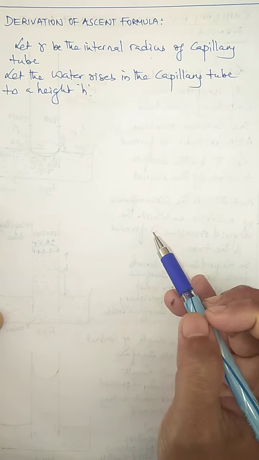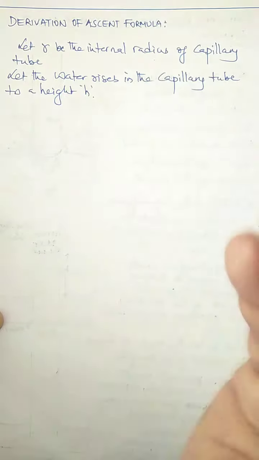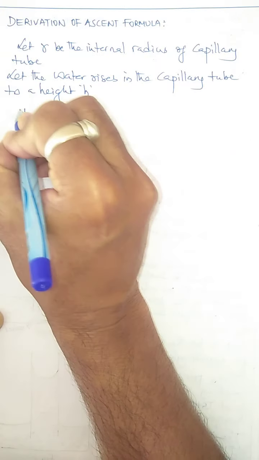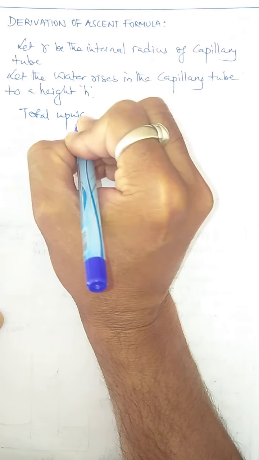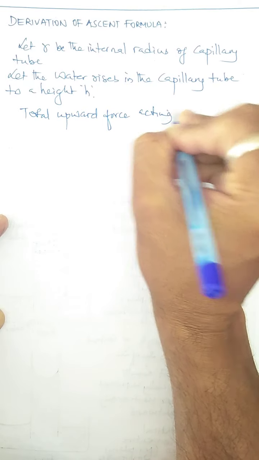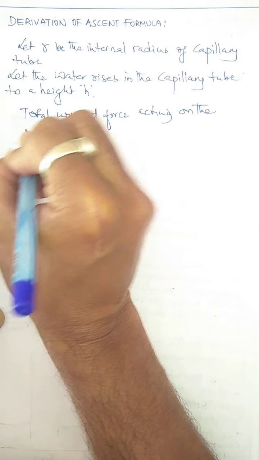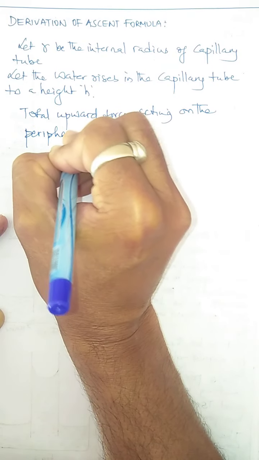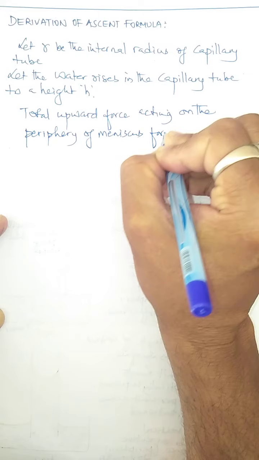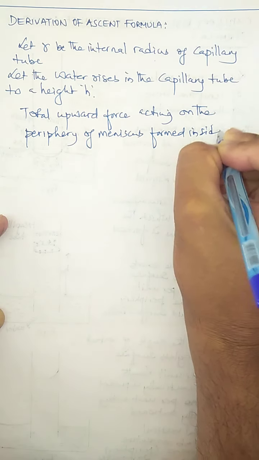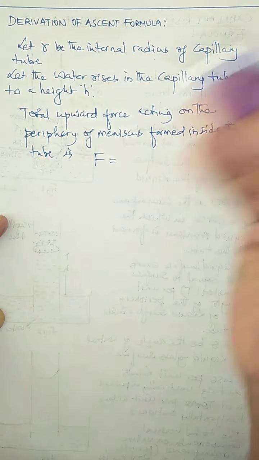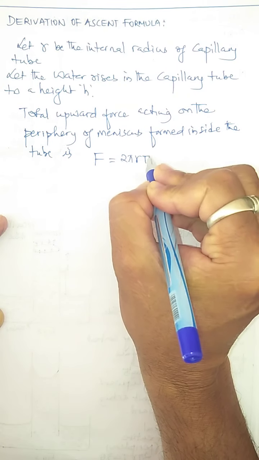Under this case, what happened? There is a total upward force that acts on the periphery of the meniscus which is formed inside the tube, and that total force I consider as F. As you can see, this total force is 2 pi r T cos theta.